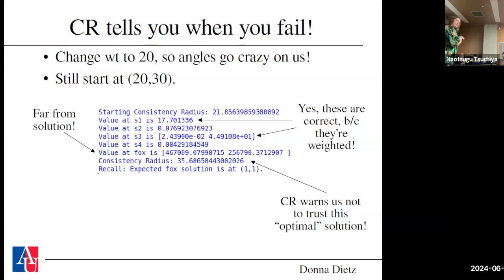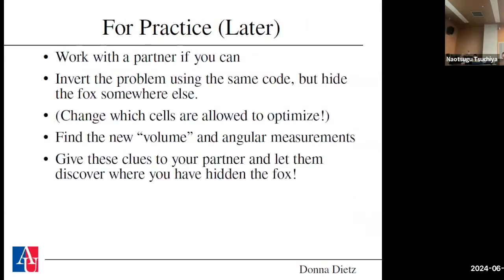If your consistency radius goes up, you did not find anything. Sorry, you just got worse. You got stuck in a ditch. Sometimes your consistency radius goes down and you're still way off. We will talk about that later in the next set of slides that I give, not his. Later, like I said, with a partner, you can hide a fox and then let them find it with the same code.